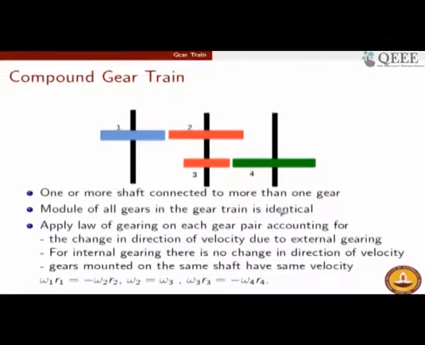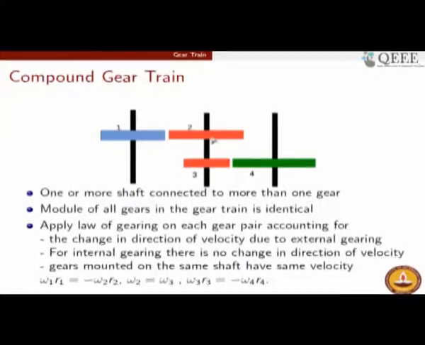So what we will do is that we could apply law of gearing for each stage, and we will remember that for external gearing the sign is reversed, and for internal gearing the sign does not reverse. So in this case what we have is the following. Between 1 and 2 we have this formula, omega 1 R1 is equal to minus omega 2 R2.